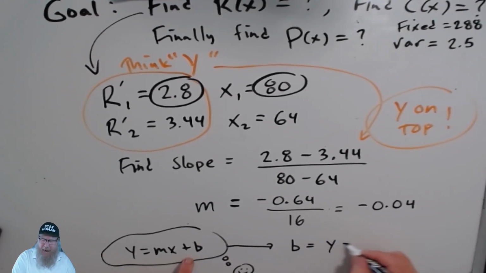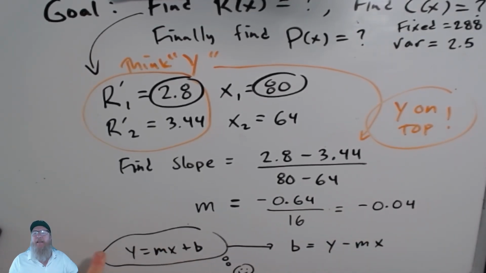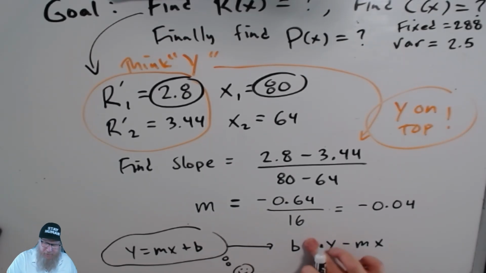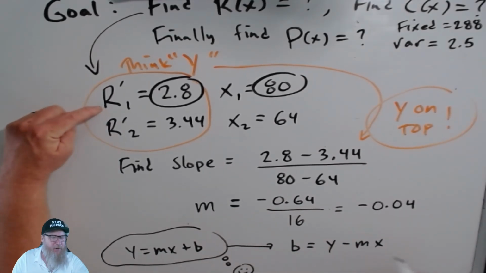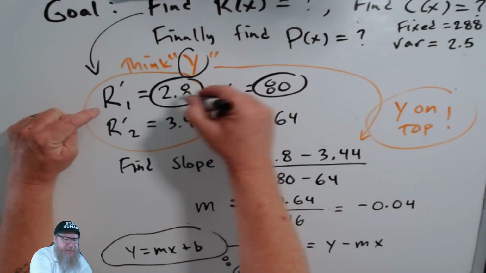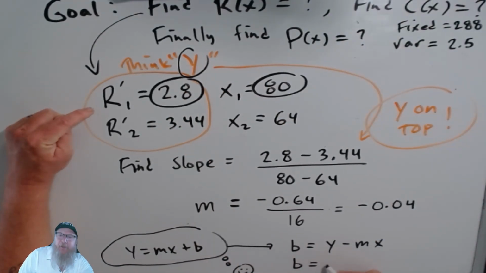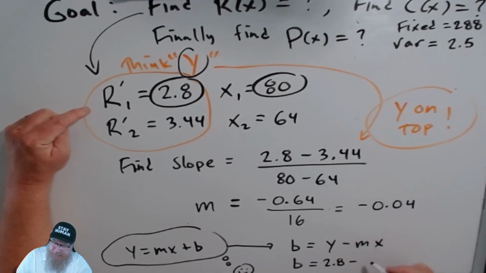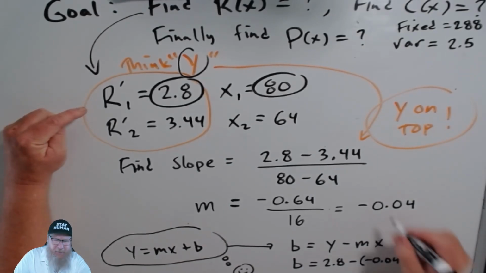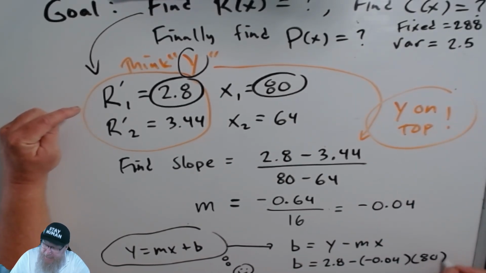B equals y minus mx. Basically moving the mx over to the other side with the y and then writing it in the form of an equation. B equals. And remember, think of these marginal revenues as being like your y's. So your b is going to be 2.8 minus m, which is negative 0.04, times x, which is 80.